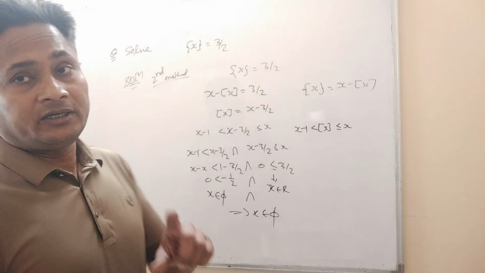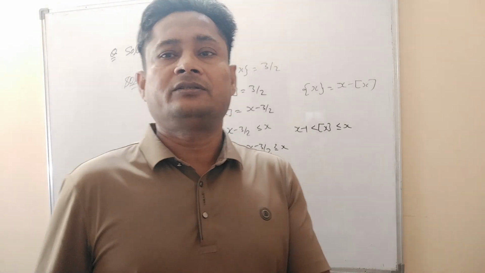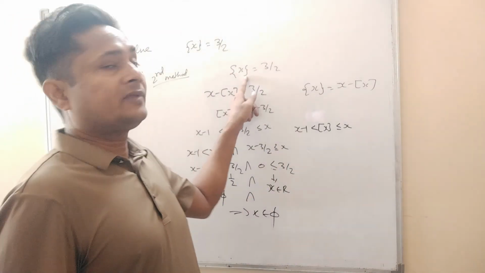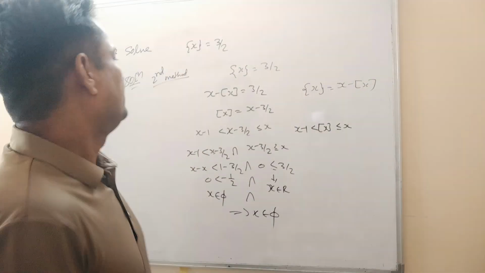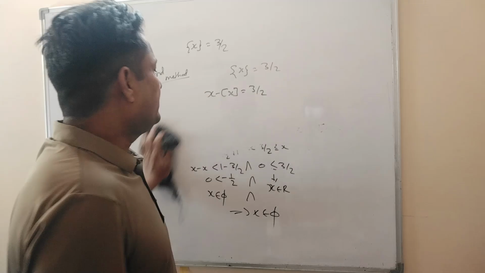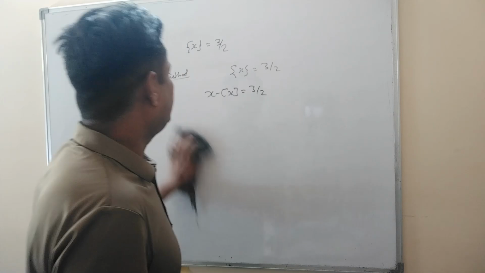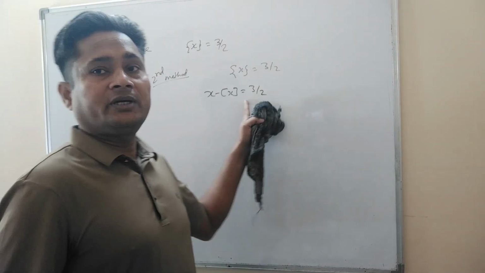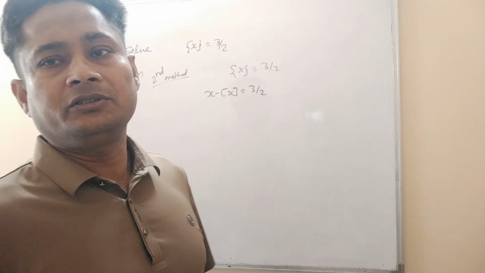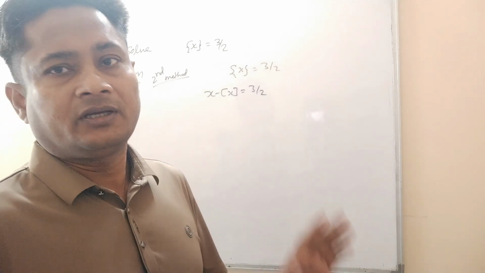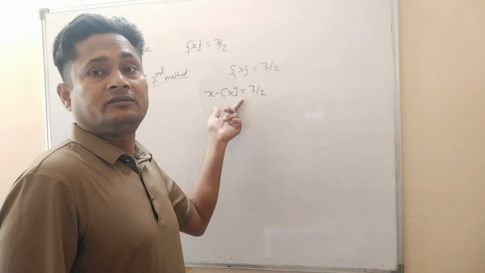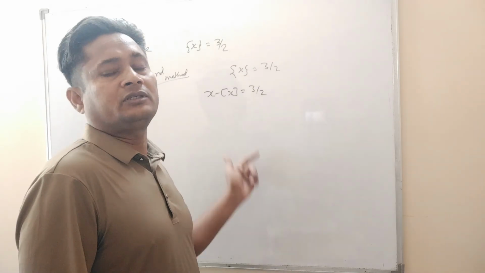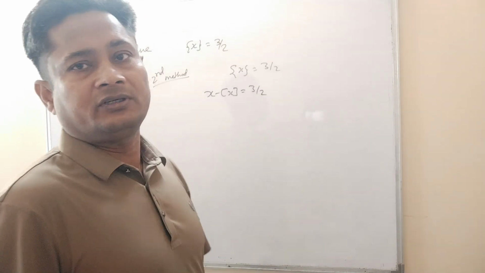That means there is no value of x for which this can give the value of 3/2. You can also solve this by taking intervals 0 to 1, 1 to 2, 2 to 3, and minus 1 to 0, minus 2 to minus 1, and check that there will be no solution.